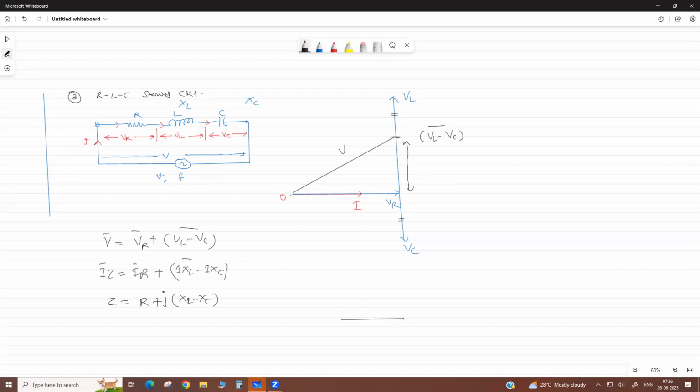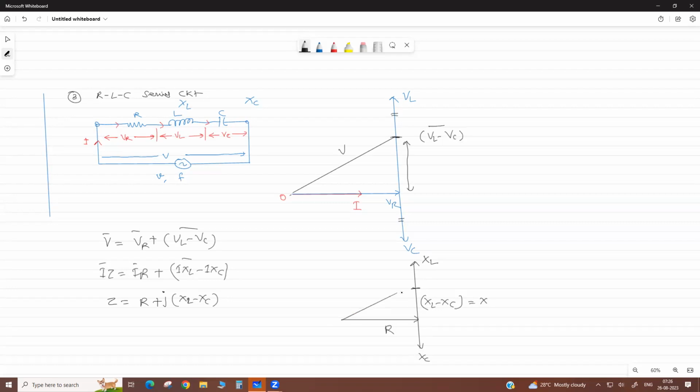If we draw the reactance and impedance triangle, the impedance phasor diagram, like this, this is your inductive reactance. This is your negative XC. Okay. Now their difference is here. This is called XL minus XC equals X, the net reactance. Okay.